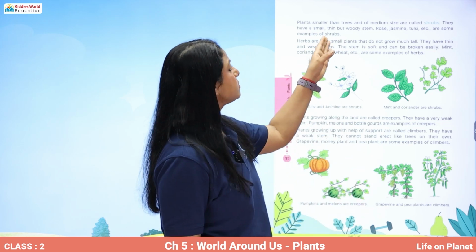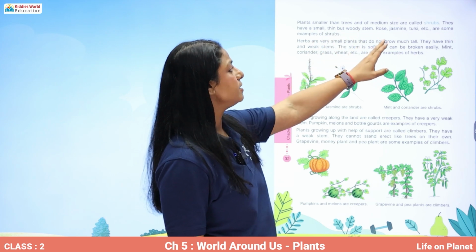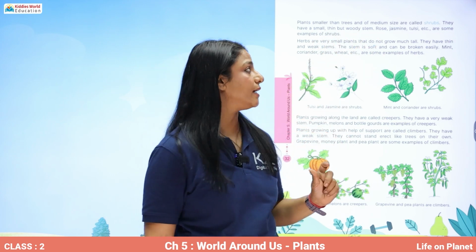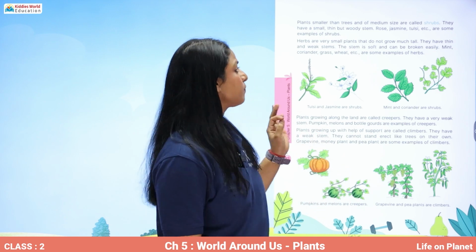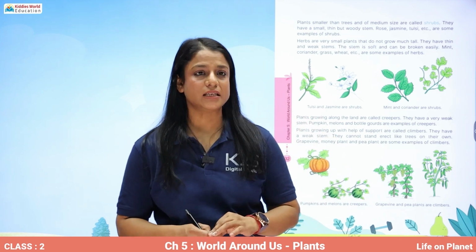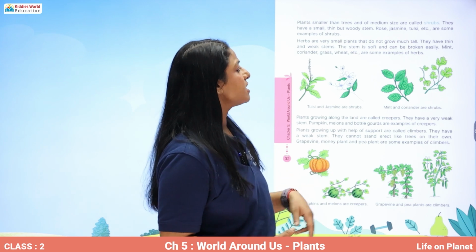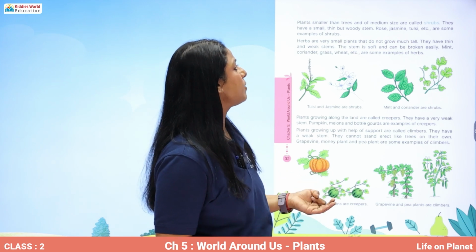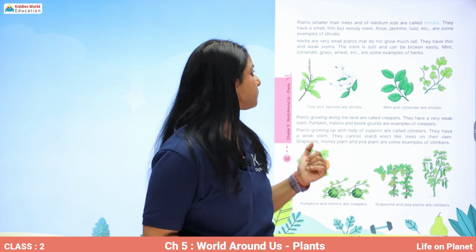So plants smaller than the trees and of medium size are called shrubs. They have a small, thin, but woody stem. Rose, jasmine, tulsi, etc. are some examples of shrubs.